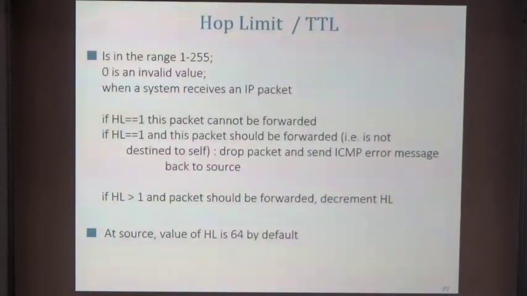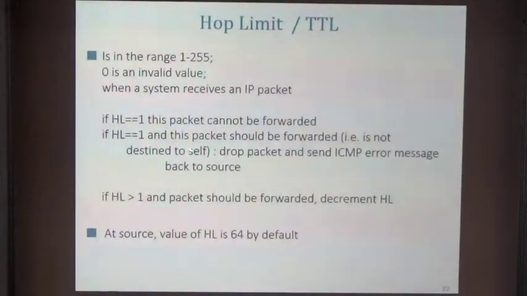If you are not the final destination, you will need to send it further, and whenever you send it, the major rule of manipulation of HL, of the hop limit or TTL, is that every router, in principle, decrements it by 1. When I receive an IP packet and I forward it further, I decrement its value by 1, in principle.